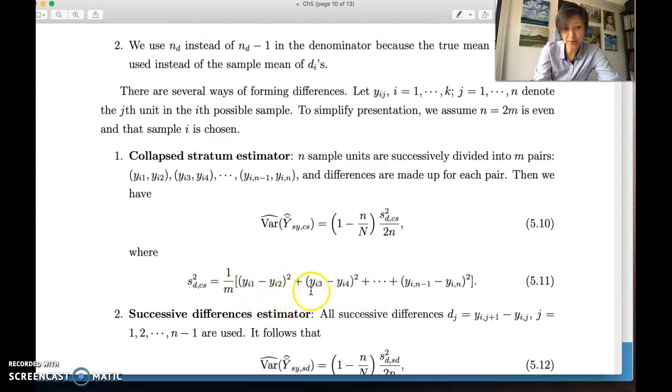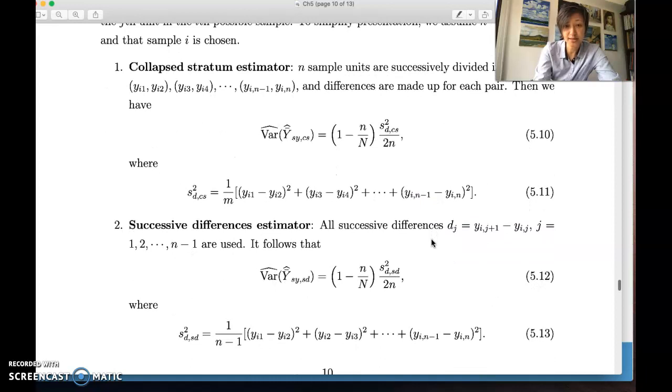So there's no overlapping of the data. In other words, we divide the entire set of data into m pairs. So y1, y2 in one pair, y3, y4 in one pair, y5, y6 in one pair, etc. In this case, we take the differences, square them, and divide by m to find the collapsed estimator Sd square, and then substitute into the estimated variance formula to find 5.10.